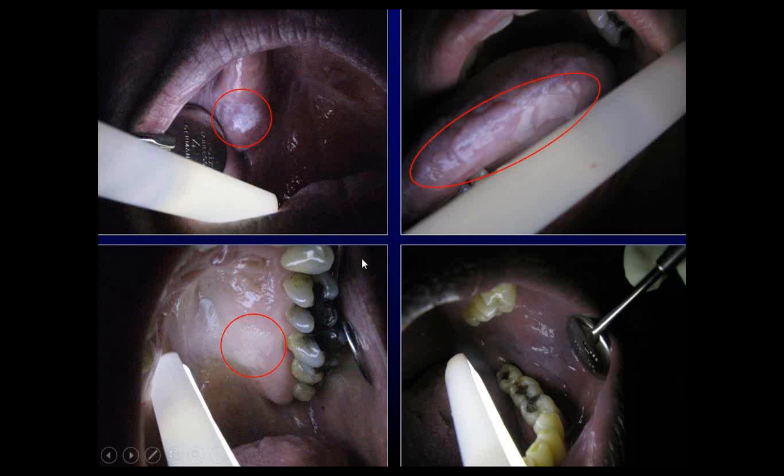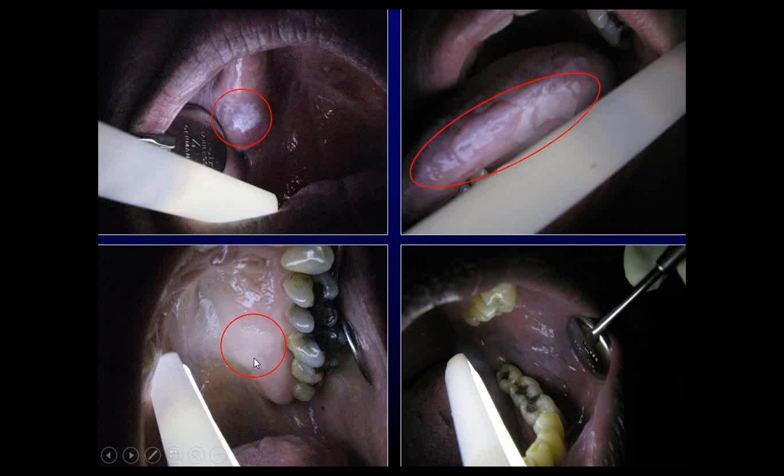And in these pictures, you can see a white lesion present on the alveolar ridge. When examined with Vizilite, it becomes more prominent and brighter and gives you more clear margins. Here again, with the naked eye, you might appreciate this area, but when you examine it with the Vizilite, you can see it is much wider and broader.